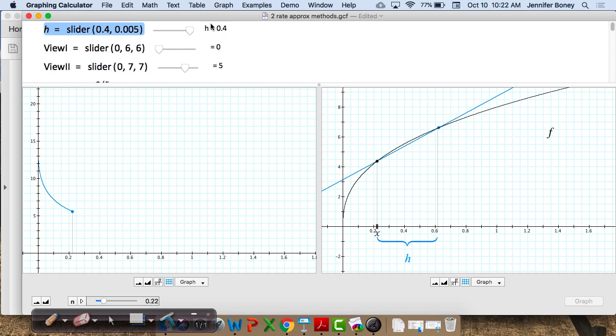So if this is an h value, this sliding interval width of 0.4, this goes from x equals 0.22 to x equals 0.62. And if I move x just a little bit, now it's x equals 0.25 to x equals 0.65. Every time I shuffle x or scoot x just a little bit or imagine a slightly different value of x, I have a slightly different interval that I'm measuring the rate of change over.